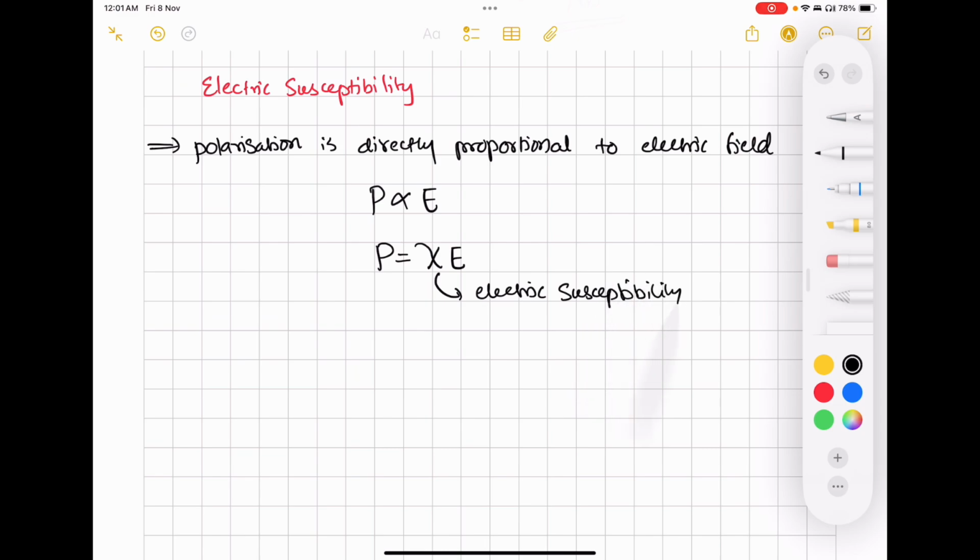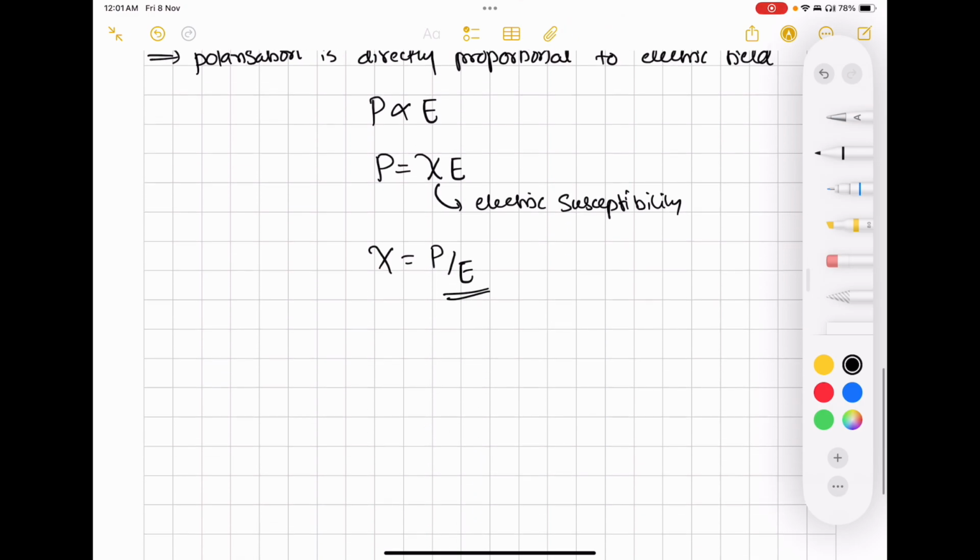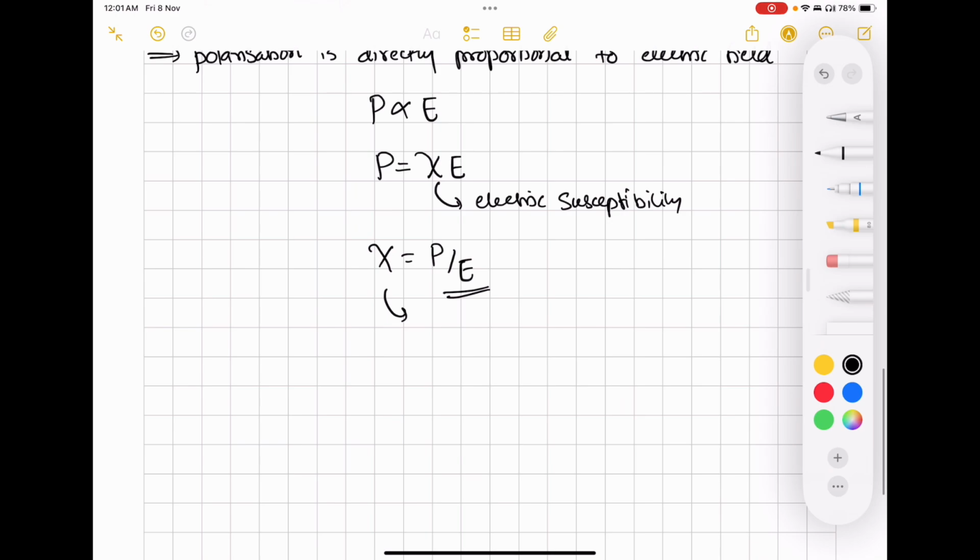So we can write chi is equal to P by E. That is, electric susceptibility is the ratio of polarization to electric field.